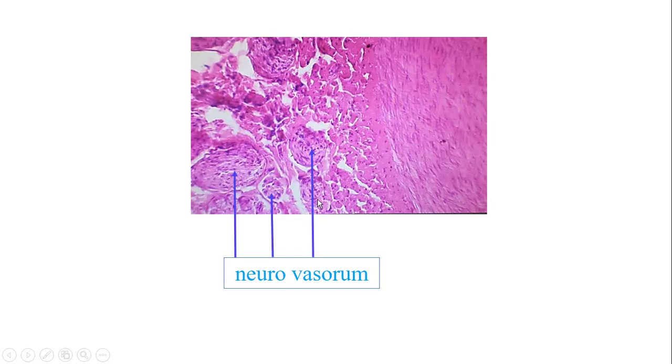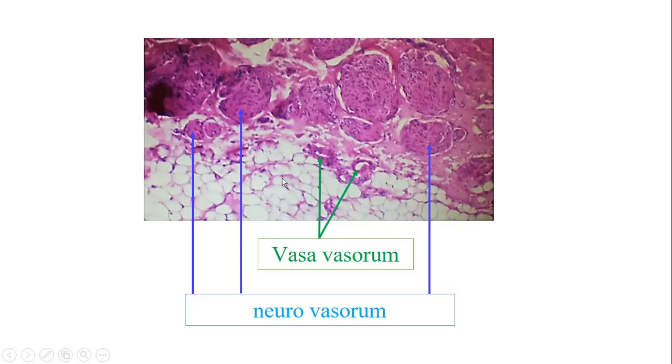Here are the nerve fibers. They are called neurovasorum. Okay, here are the neurovasorum in the tunica adventitia, and here are the vasa vasorum or vessels in the tunica adventitia.